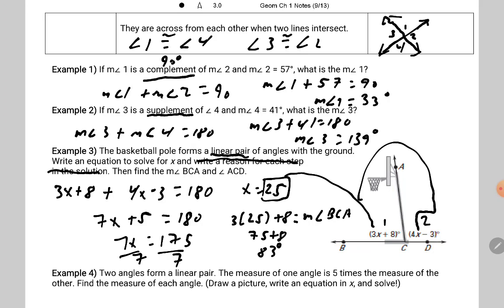Okay. And then over here, measure of angle ACD, or angle 2, is equal to 4 times 25 minus 3. 4 quarters is 100, or $1, minus 3 cents is 97 degrees. Okay, let's move on.